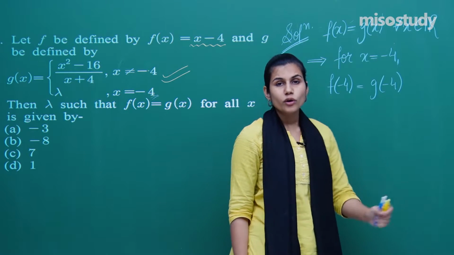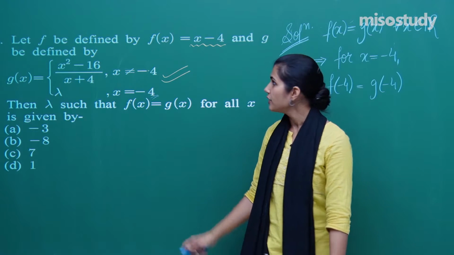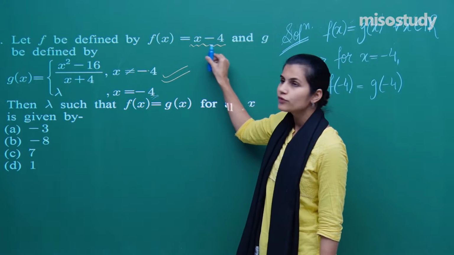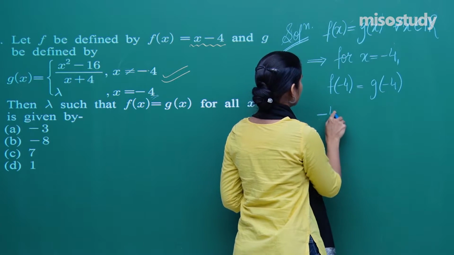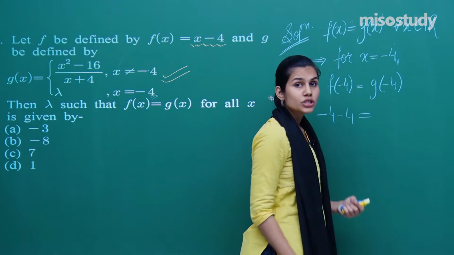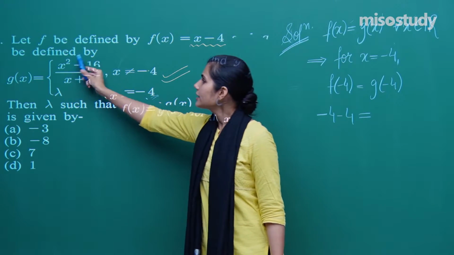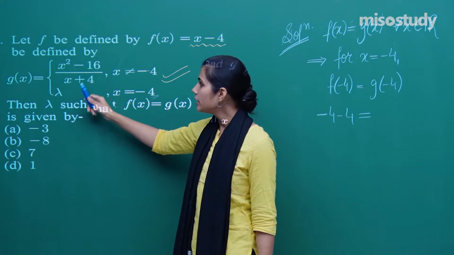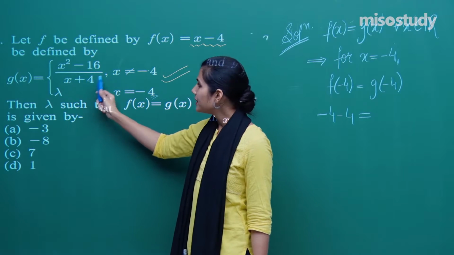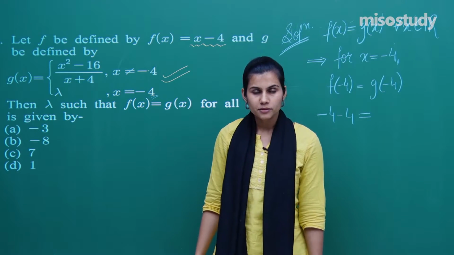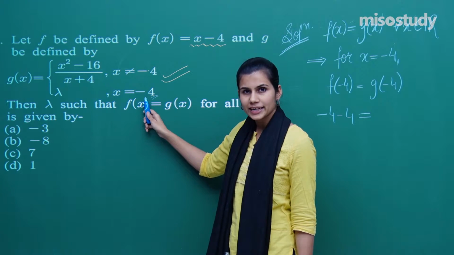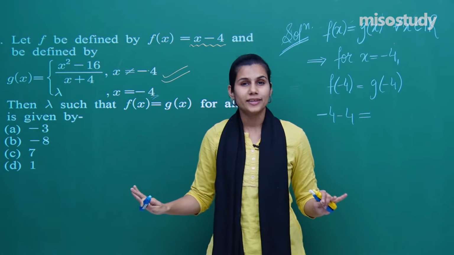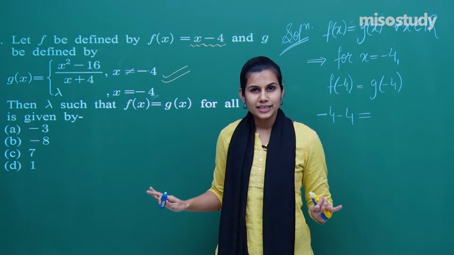But f of -4 is going to be found by the definition of f, which is x minus 4. So f of -4 happens to be -4 minus 4. Whereas g of -4 will not come from this expression. In fact, if you try and incorporate -4 over here, the denominator will give you 0 and this will be an undefined term. That is why corresponding to -4, g has been provided some other value. I don't know what that value is. Let us find out therefore.